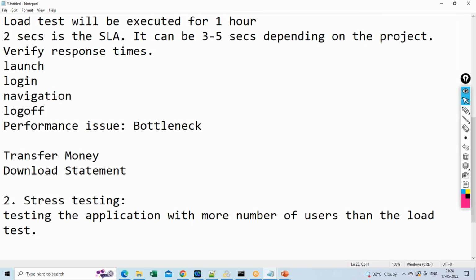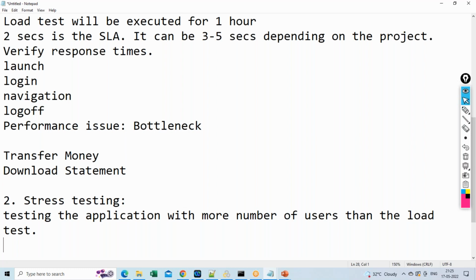Stress testing is something beyond the 500 users, like 600, 700, 800 users. That means you are applying stress. The actual expected load is 500, but you are applying more stress than the expected load. That is what we call stress testing.